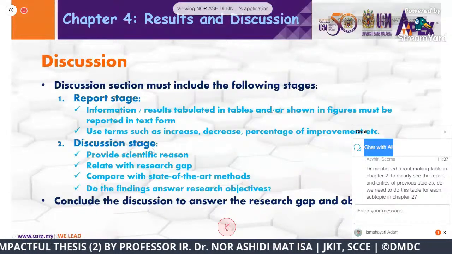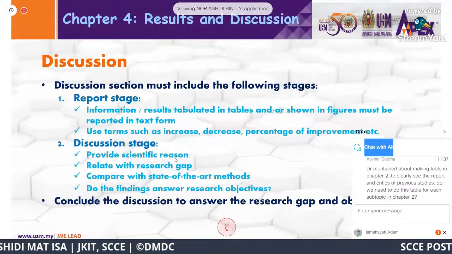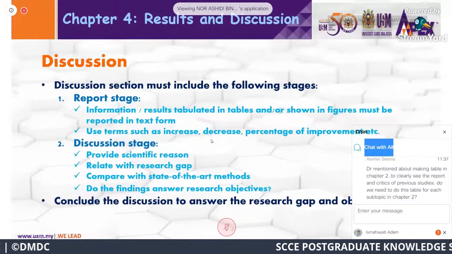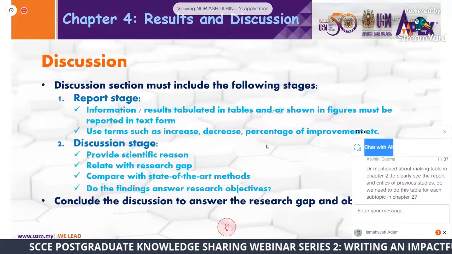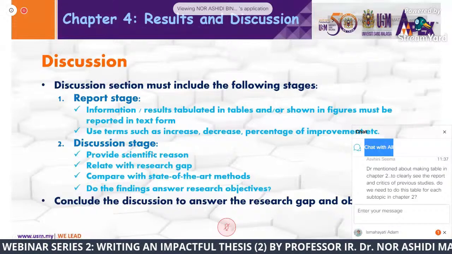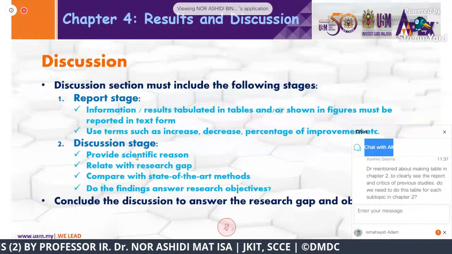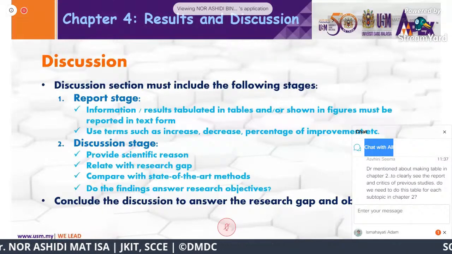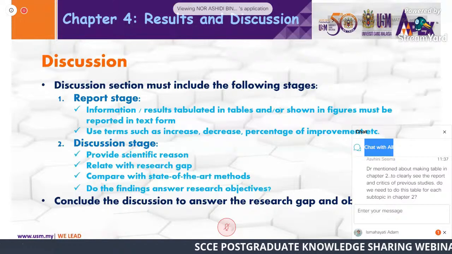Discussion means you need to provide a scientific reason why it increased, why it decreased, why the percentage of improvement is low, why the percentage of improvement is high. So you must provide the reason, the scientific reason. This is important because this is how we differentiate between master student, PhD, and undergraduates.